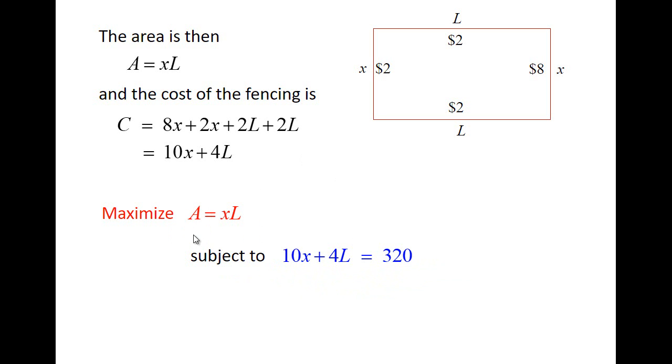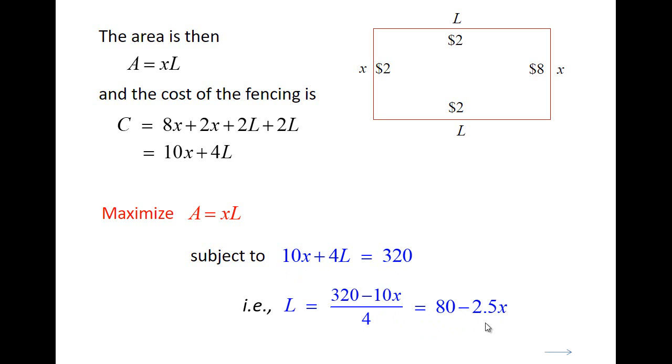So what's the maximum possible area that can be enclosed by the rectangle with sides X and L if X and L satisfy this cost condition? Well, from the constraint equation we can solve for L. So L would be 320 minus 10X over 4, which is 320 over 4, that's 80, and minus 10 over 4, that's negative 2.5.